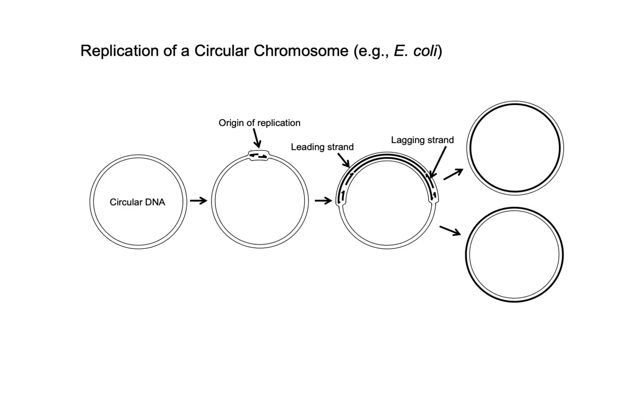This is a diagram of the replication of a circular chromosome, such as that of E. coli.